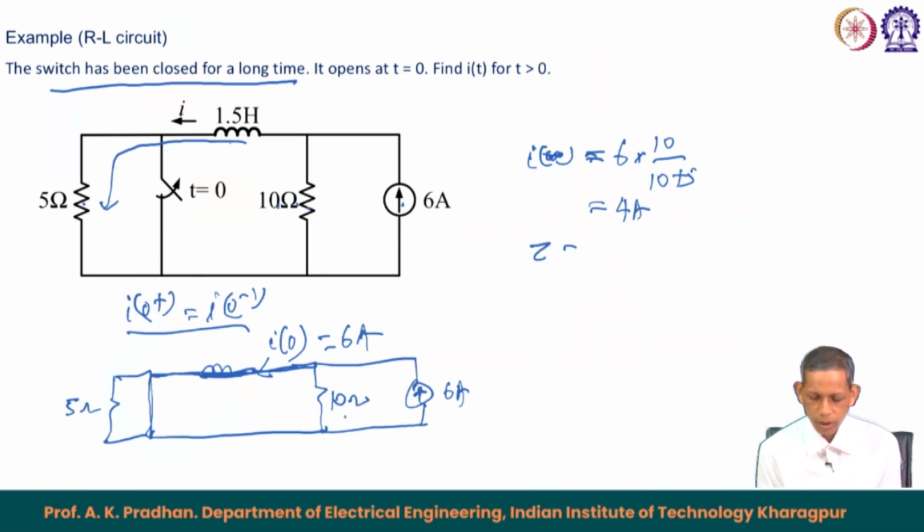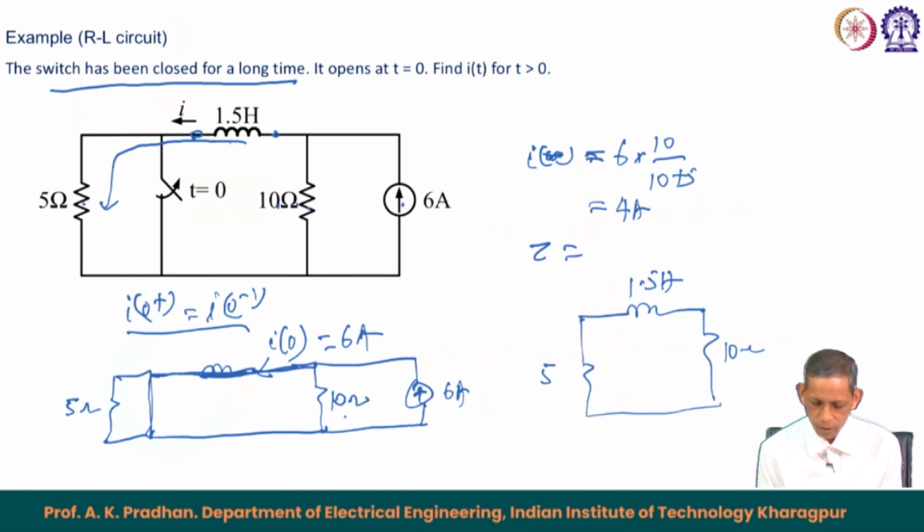And the time constant tau, because this is now open, we will see from this end. The source will be off. If I draw the circuit now, it has inductor 1.5 Henry, and across this is 10 ohm, and again on this side 5 ohm. From this, the equivalent R Thevenin becomes 15 ohm.